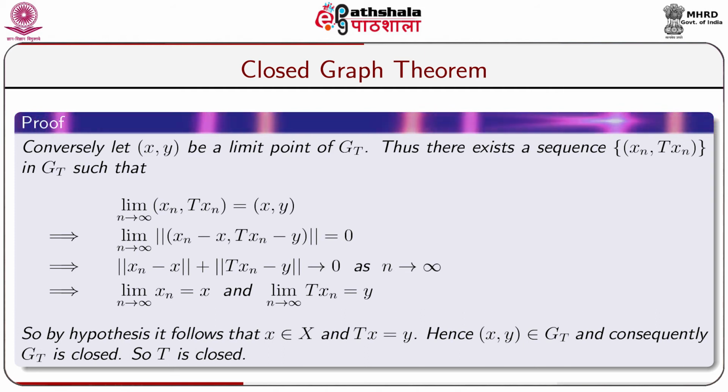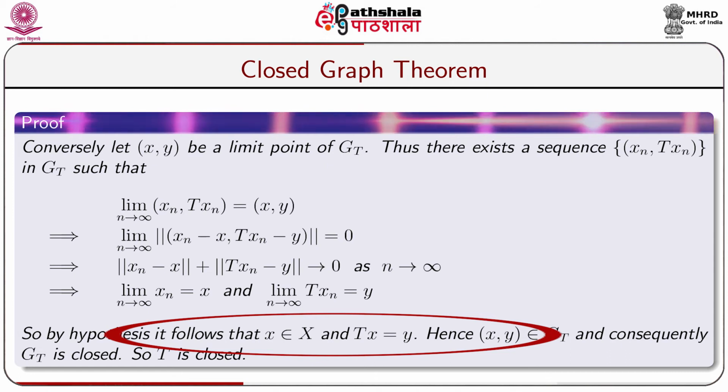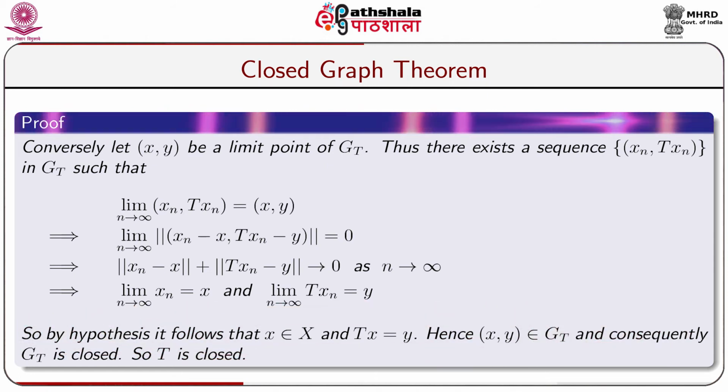So by hypothesis it follows that x belongs to capital X and Tx is equal to y. Hence (x, y) belongs to G_T and consequently G_T is closed. So T is a closed linear operator.